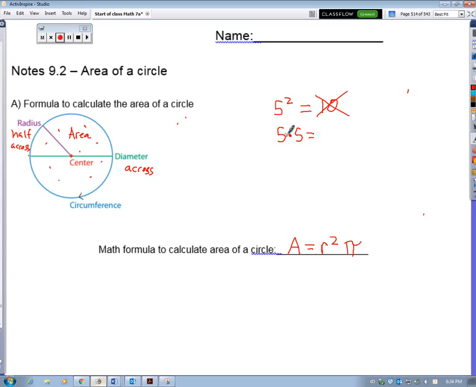It means 2 5s multiplied together, 2 of the exact same numbers. So the real answer is actually 25. It's common to do this. If you find yourself doing that, just go back to this and remember, you need 2 of those numbers. Now that we got that out of the way, let's get into the business of getting the area of a circle calculated. Here's our formula. Let's start applying this.